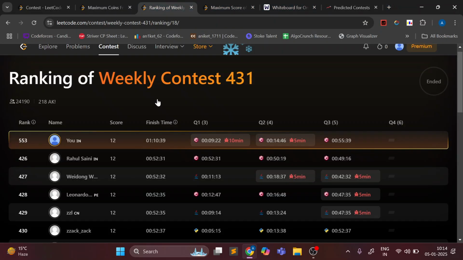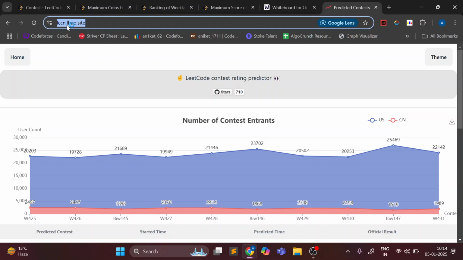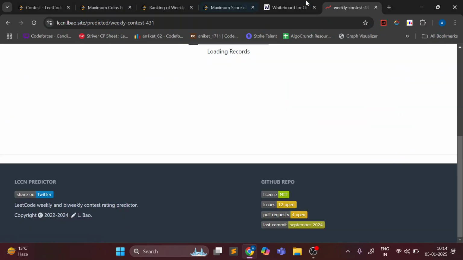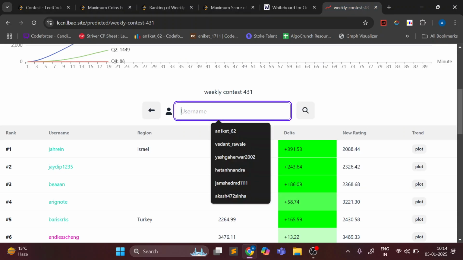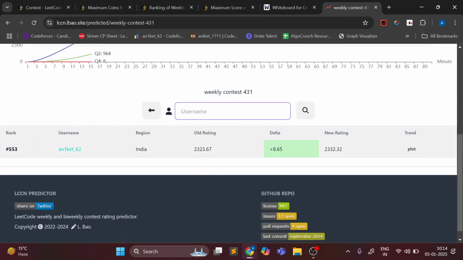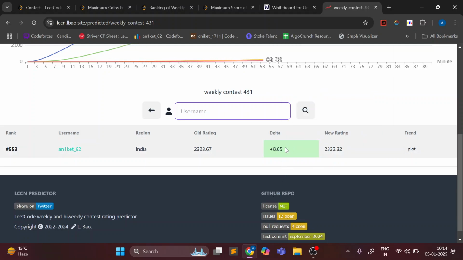If you don't know about this predictor, there is this website called lccn.ilbao.site. Here, after every 15 to 20 minutes of the contest, you will get a prediction, and this is pretty accurate, probably 100% accurate.